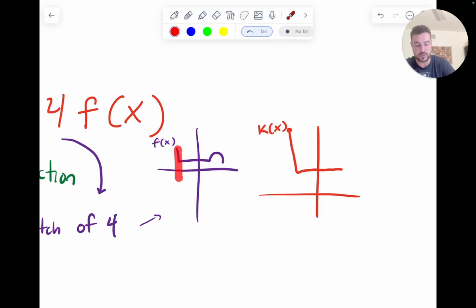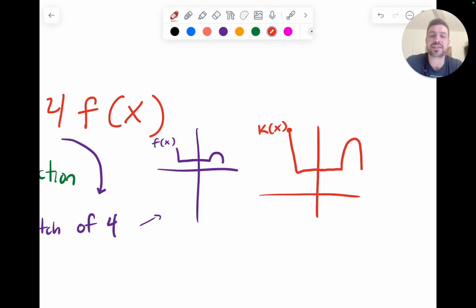So that means the distance between here and here should be the same. But now our rounded circle here should go 4 times as high. So it's going to look something more like this. So it's probably a little bit more wide than it should be, but maybe something like this.